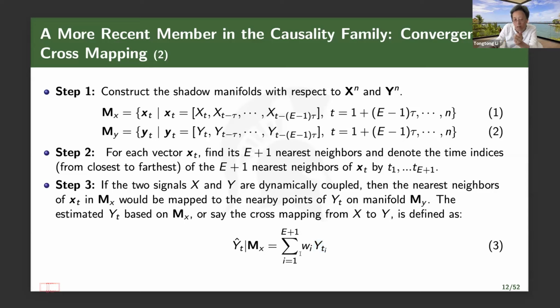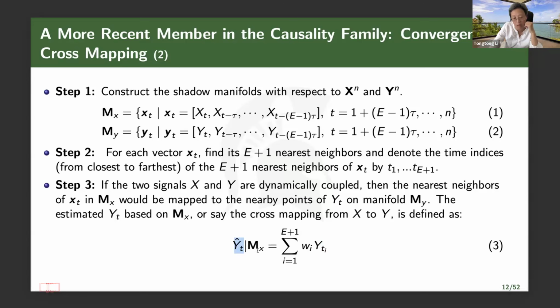But here, in CCM, t_i may not be t-1 or t+1. However, the value y_(t_i) here would be close to y_t. So they are close in value, not in the time domain. They are close in value.